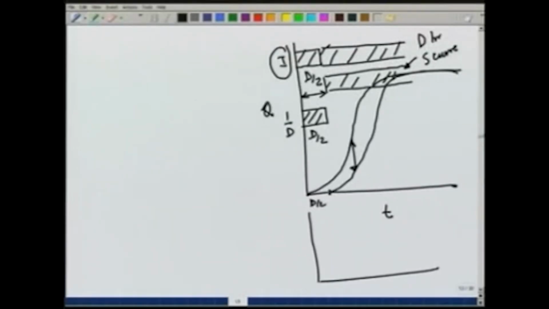So, if we take the difference of these two S curves, you will see that the difference is first increasing and then it is decreasing and becoming 0 at a certain point. So, if we plot it, it would look like this.